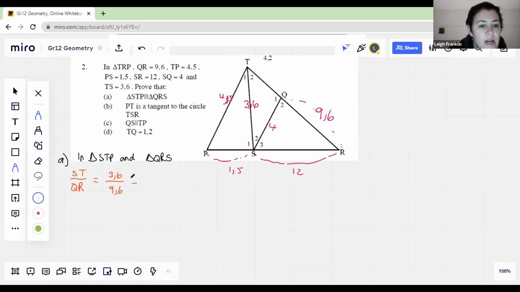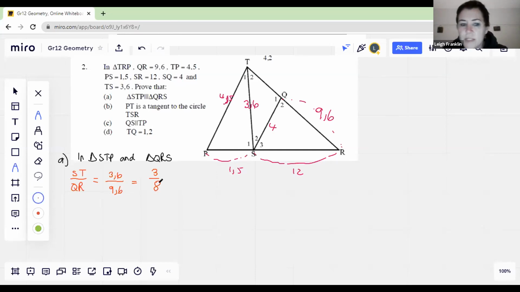And 3,6 over 9,6 leaves us with how much? Anyone manage to simplify it? Sorry, I don't have my calculator here, but essentially we're doing 3/8, because it's how many times 36 goes into 96. Yes, good, Neo. It's 3/8. Good job.